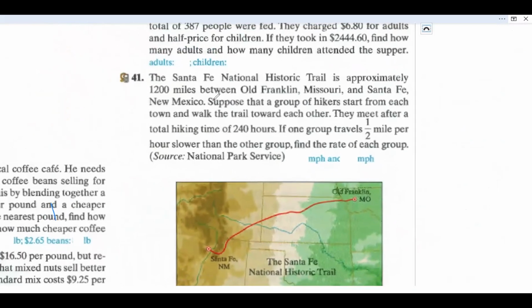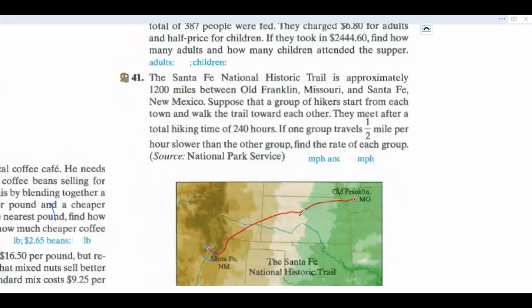All right, the Santa Fe National Historic Trail is approximately between Old Franklin, Missouri, and Santa Fe in New Mexico. Where is it? Right here. This is the trail.